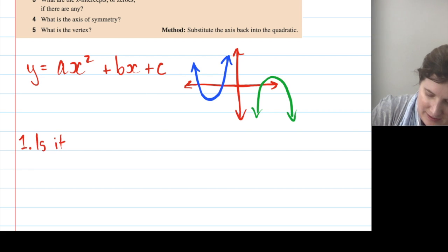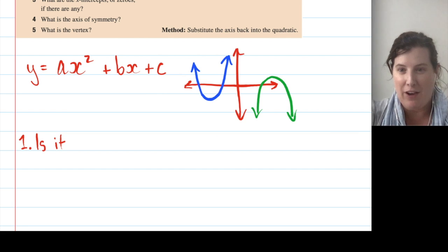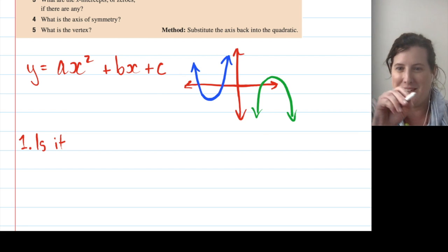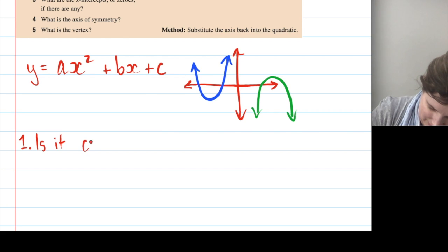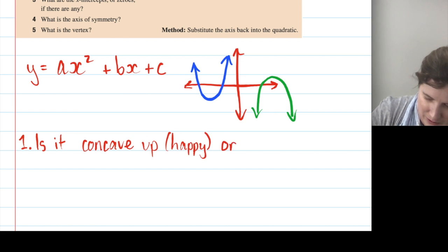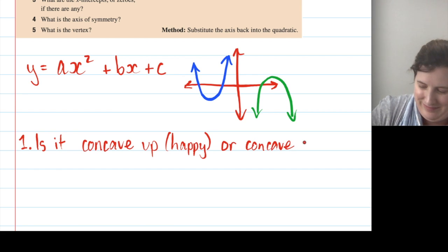is which way it faces, and we call that concave up. Concave up, a spoon facing upwards, is a happy face. Or concave down, which is sad.